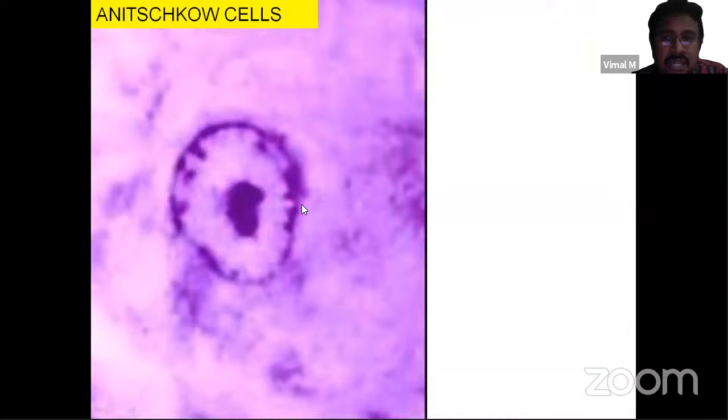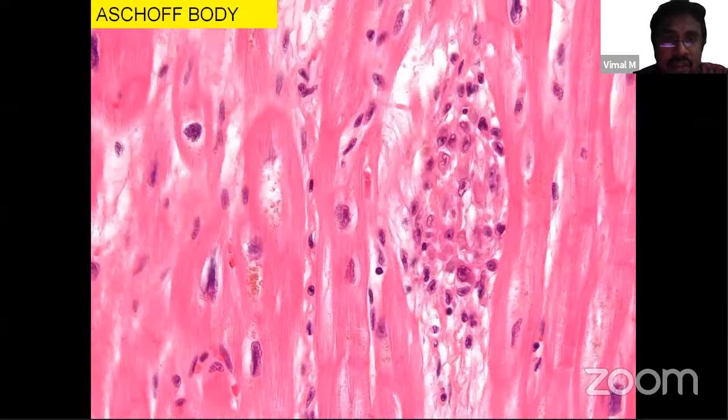In the cross section, it gives an owl's eye-like appearance. So Anitschkow cells show caterpillar-like chromatin in the longitudinal section and an owl's eye-like appearance in the cross section, and the entire thing is called the Aschoff body.